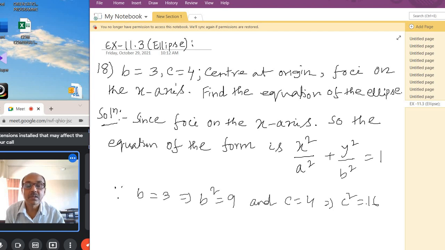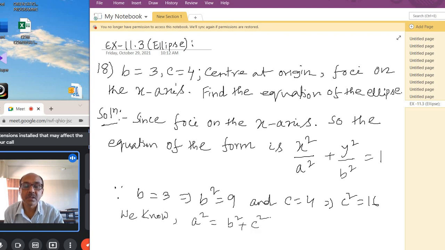Okay, now we have the relation, we know a square equal to b square plus c square.